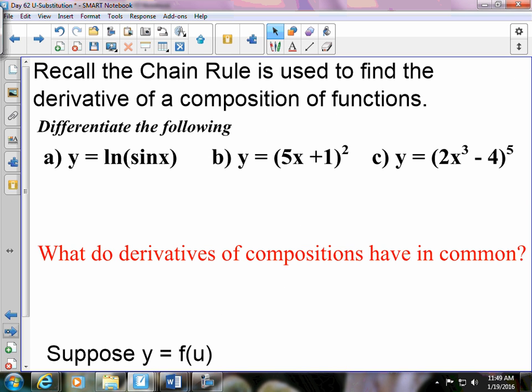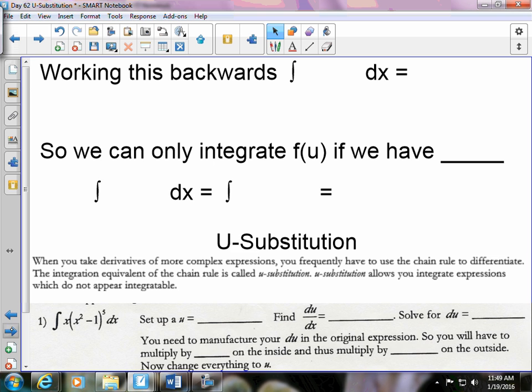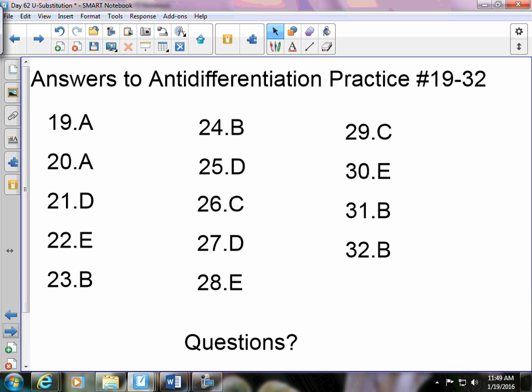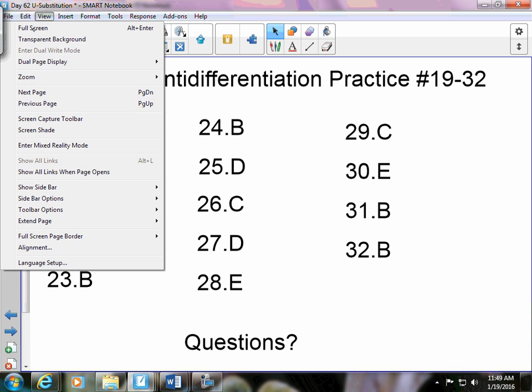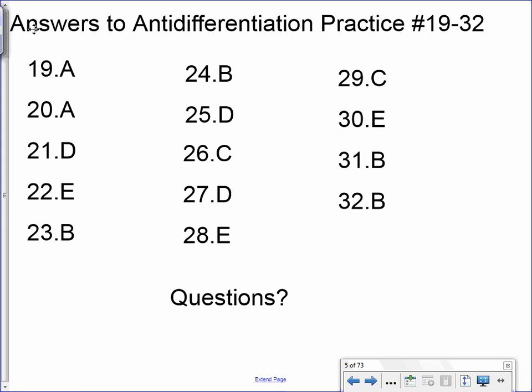And I want to go over that first because tomorrow you're going to have a quiz, 10 multiple choice questions just like from this handout. So if you look back to day 60 notes, you probably corrected 1 to 18 already, but I don't think I ever gave you the answers. So your quiz will look just like these, multiple choice, 10 questions.